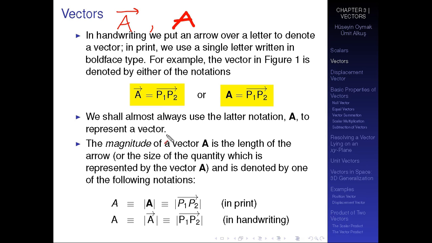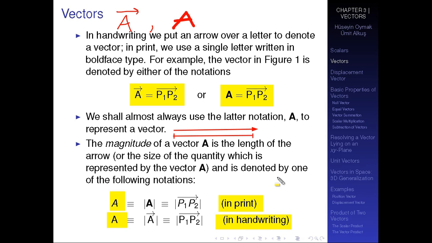Since vectors have both direction and magnitude, the magnitude of the vector A is the length of the arrow. It is denoted by a slanted letter in print and a single letter in handwriting.